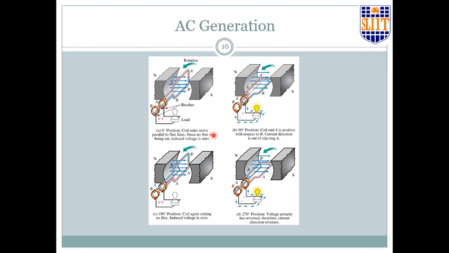Now the reason behind this variation of the voltage is the construction of the generator, right? I'm not going to talk about much detail in this. At this point the current will actually be 0, the voltage will be 0.